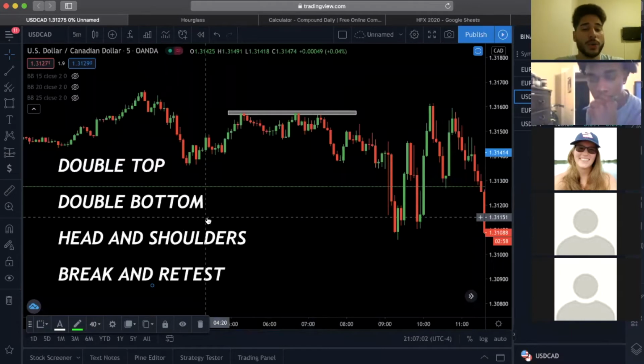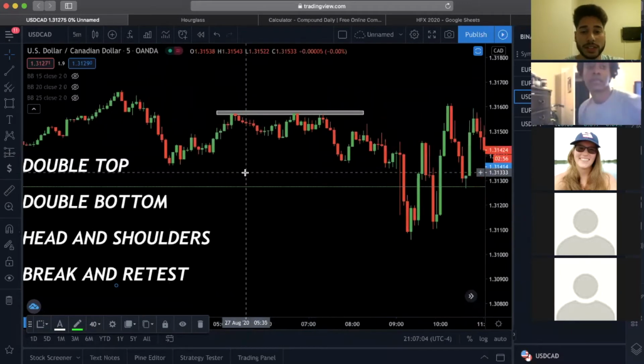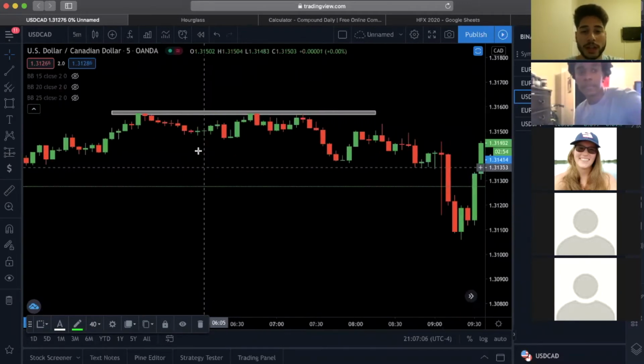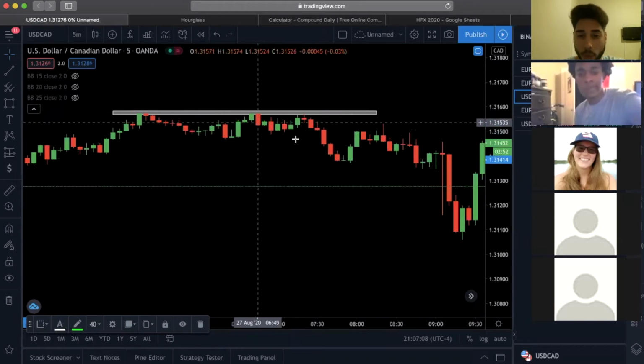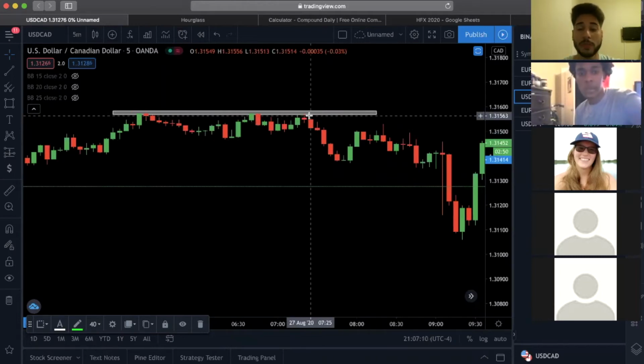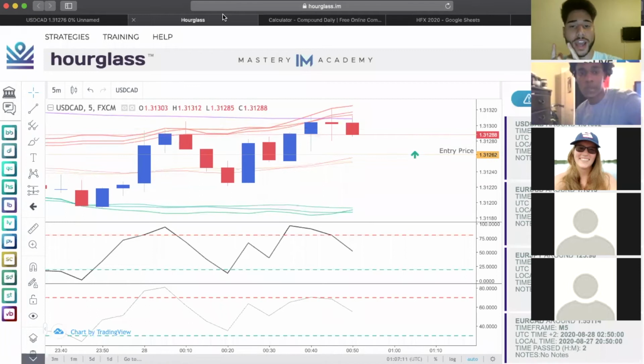So what am I going to do? When price starts coming back to touch my white barrier, I am then going to look on Cash Trap and see if Cash Trap agrees with me, and then I'm going to wait for Cash Trap to give me the arrow I want.